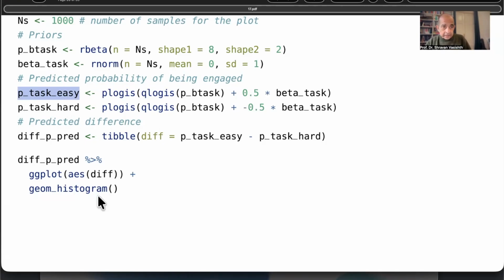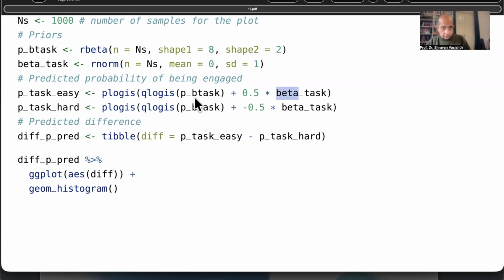That is done here by taking the log odds equivalent of the probability of the task here, see that? Taking the log odds equivalent by passing it through the qlogis function and then adding the beta term.